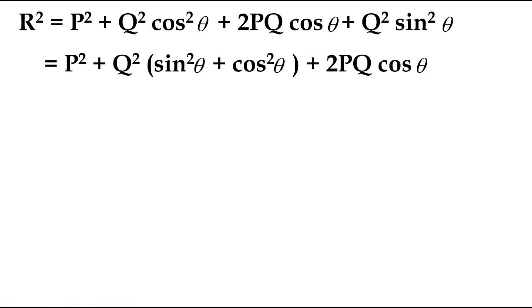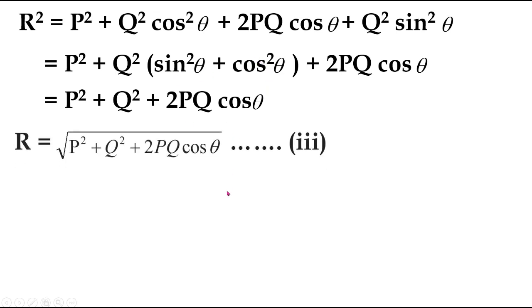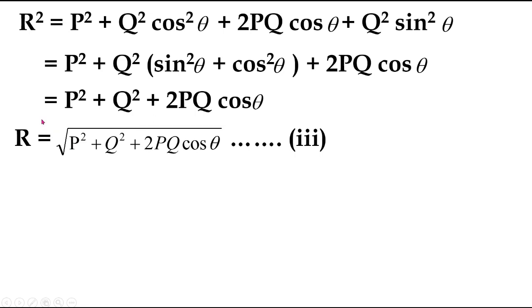Q square is taken as common, so Q square of (sin square theta plus cos square theta) plus 2PQ cos theta. Sin square theta plus cos square theta is equal to 1, so P square plus Q square plus 2PQ cos theta. Transpose square to RHS. Therefore R is equal to root of P square plus Q square plus 2PQ cos theta.